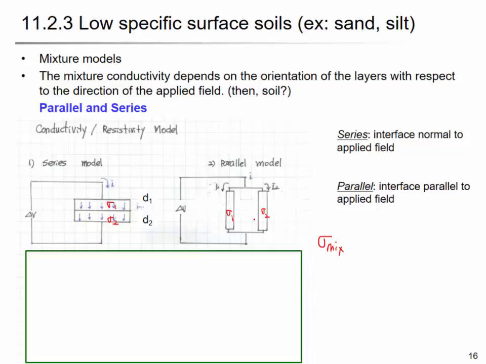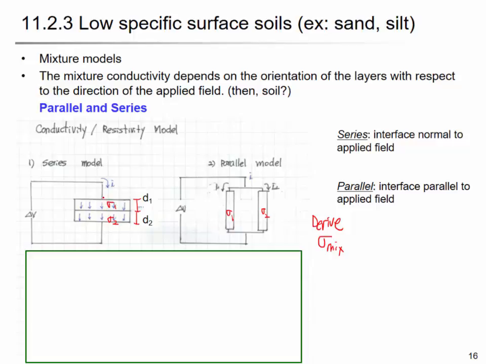Derive the electric conductivity of the mixture for the series model and the parallel model. And D1, D2 is the thickness of the media. So material 1 has the thickness of D1, and material 2 has the thickness of D2.